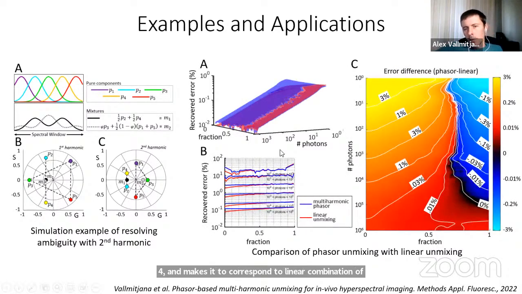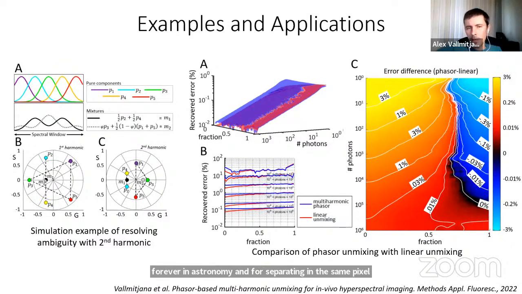Yeah, and to finish, we did also some work on quantifying how this method performs as opposed to traditional linear unmixing, which is the technique that has been used forever in astronomy and for separating spectral components in the same pixel.